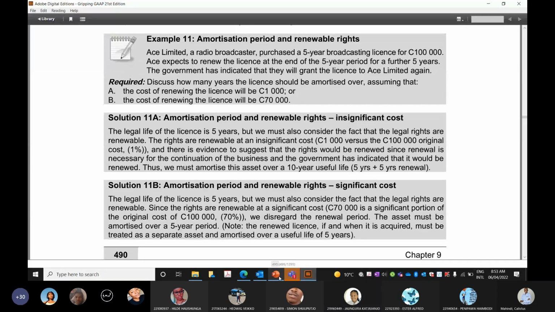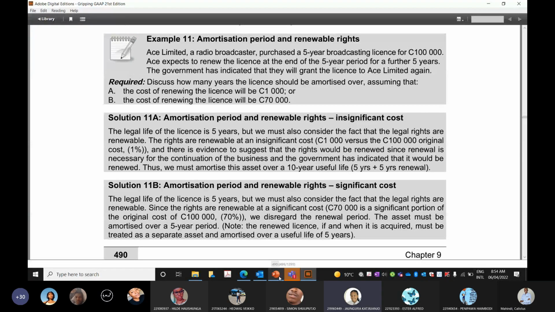No. Okay, now the 1,000 is not yet incurred. So what then is your journal entry at the beginning? To recognize your intangible asset, what is your journal entry?